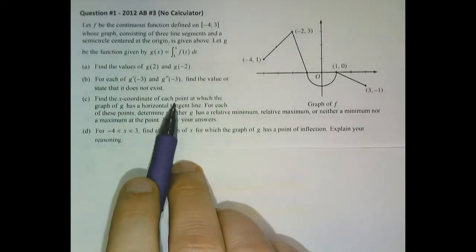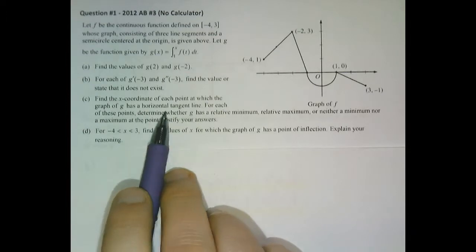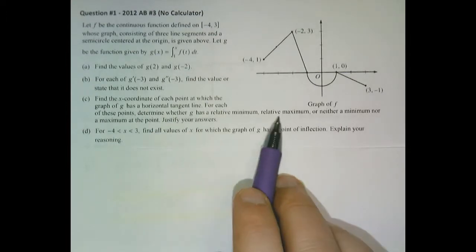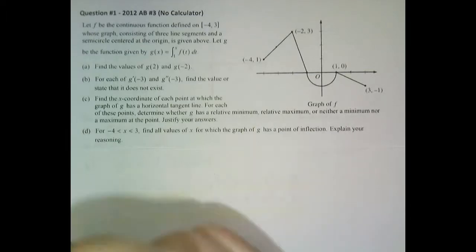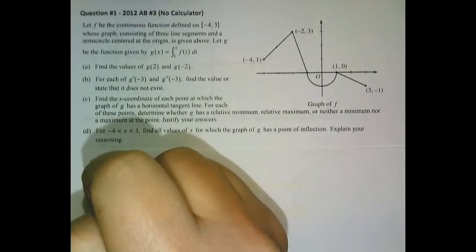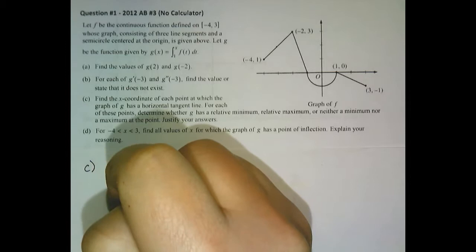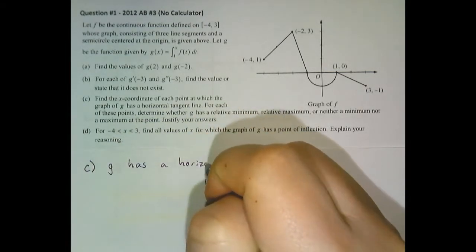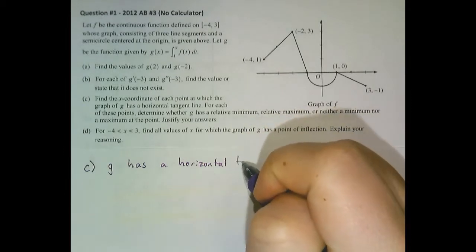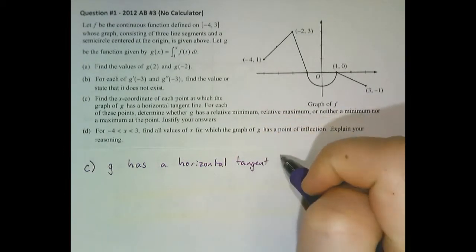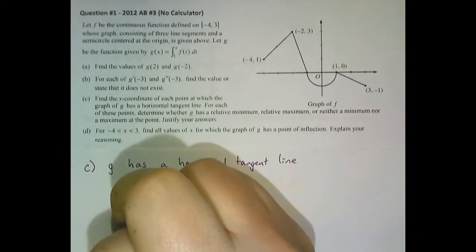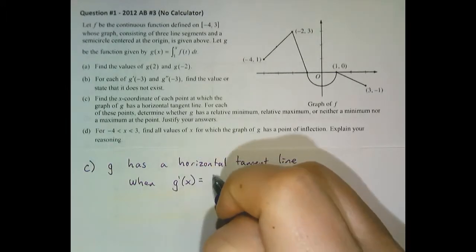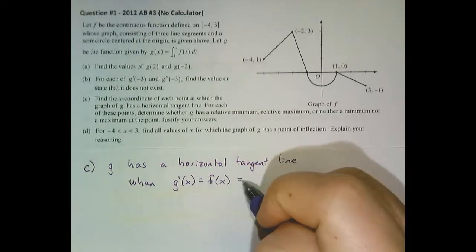Find the x-coordinate of each point at which the graph of G has a horizontal tangent line. For each of these points, determine if it's a relative min, max, or neither. Okay, so G has a horizontal tangent line when G prime of x is equal to 0.